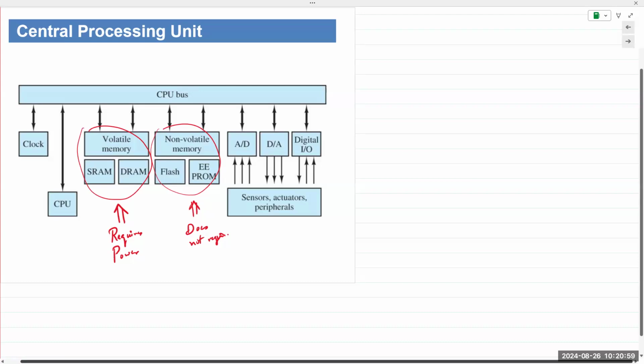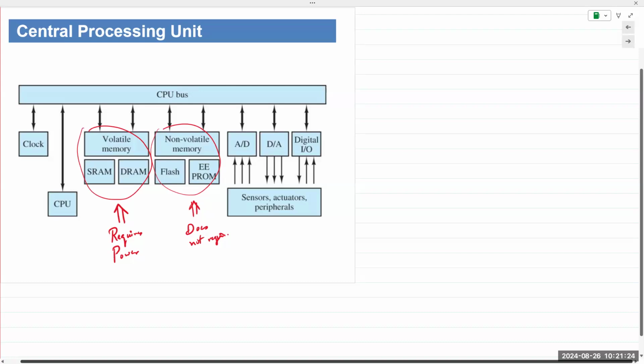And that is provided by the coin cell battery that is on the main board itself. If you open up any laptop or any desktop, the main board will have a coin cell. It's a 3-volt coin cell. Some numbers are 2032, 2033, etc. And that coin cell can keep running for years, 8 to 10 years.